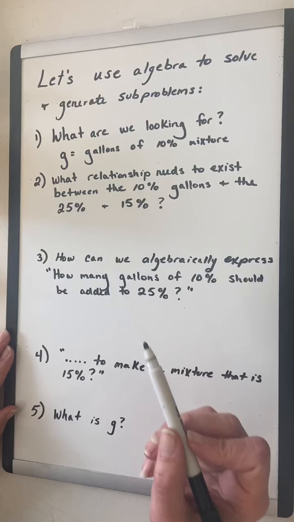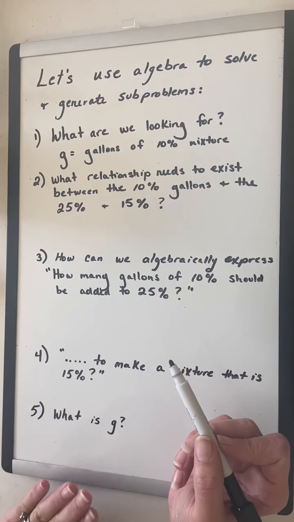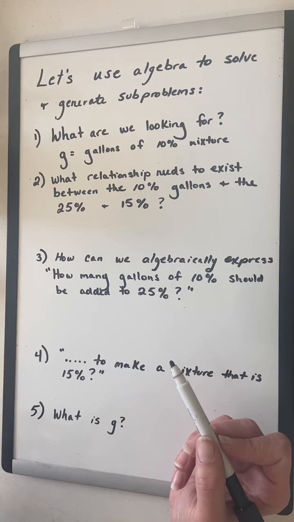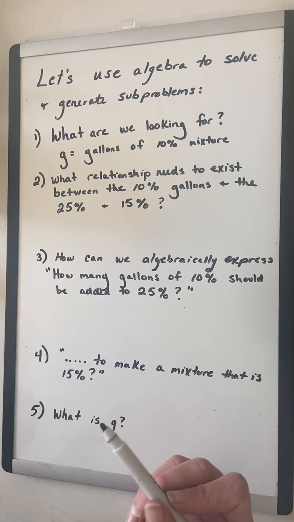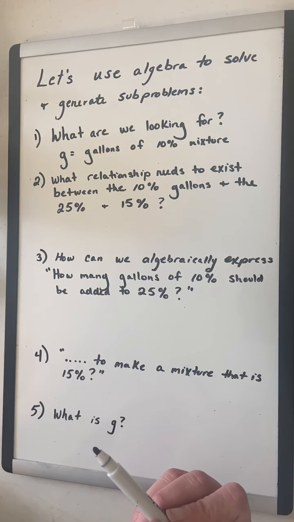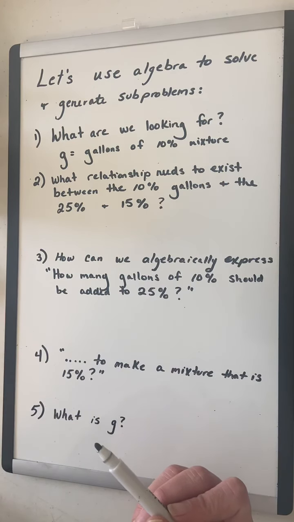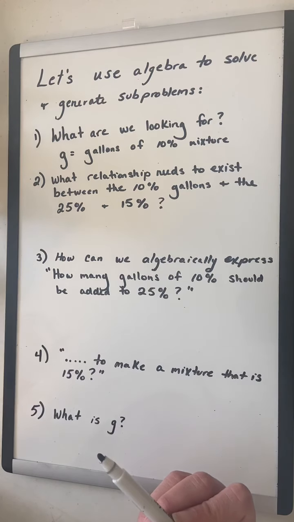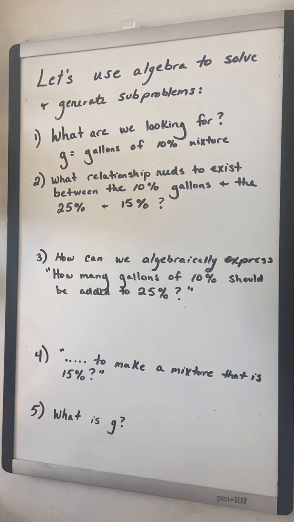So if we were to express this in terms of chocolate, because that's what we're trying to figure out, we want an equivalent amount of chocolate in the amount of the 10% that we're adding to the already existing 25%, so that it creates a mixture of 15% chocolate. So the emphasis is on the amount of chocolate that is in this.